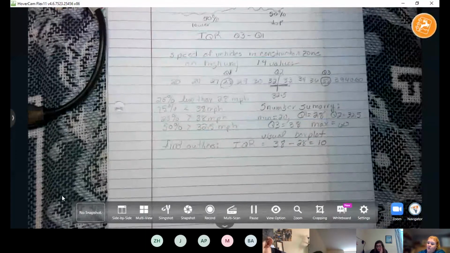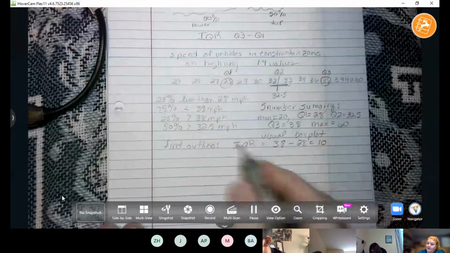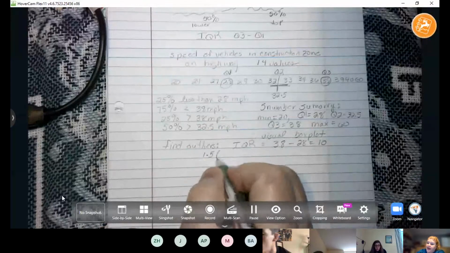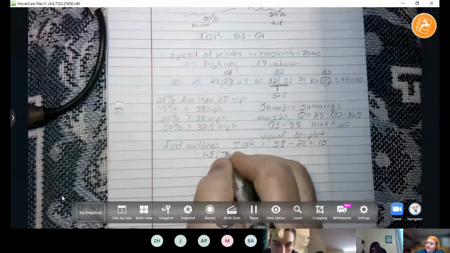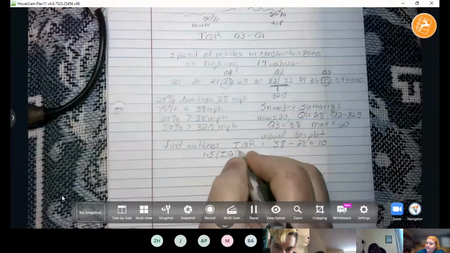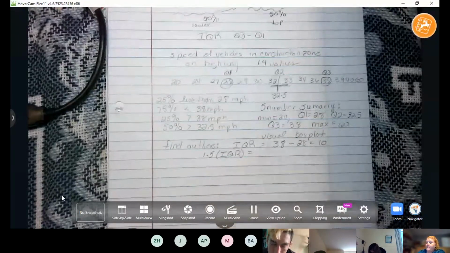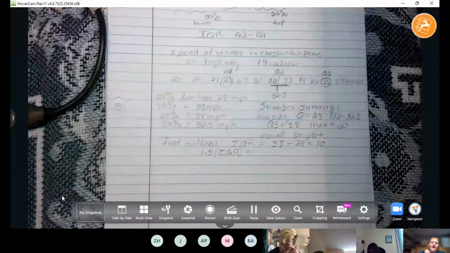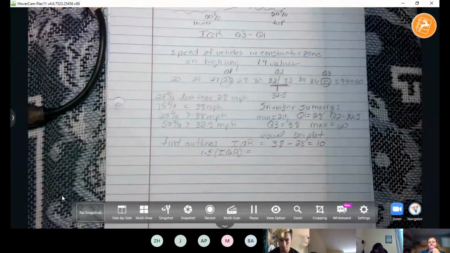And then we're going to calculate 1.5 times the IQR. What value does that give us? 1.5 times the IQR. How much is that?